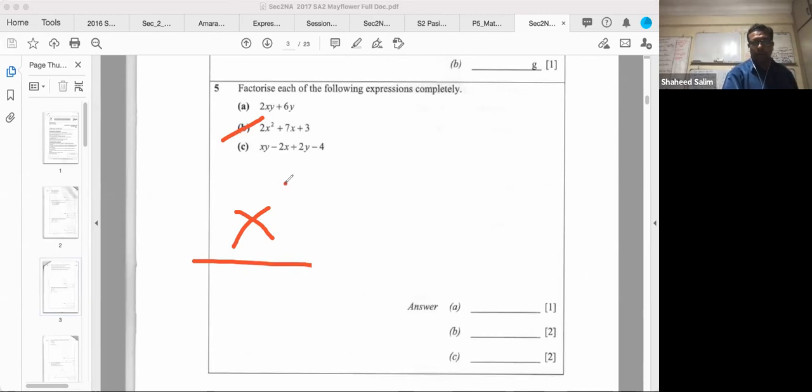Remember crisscross, right? No, only B, yes.